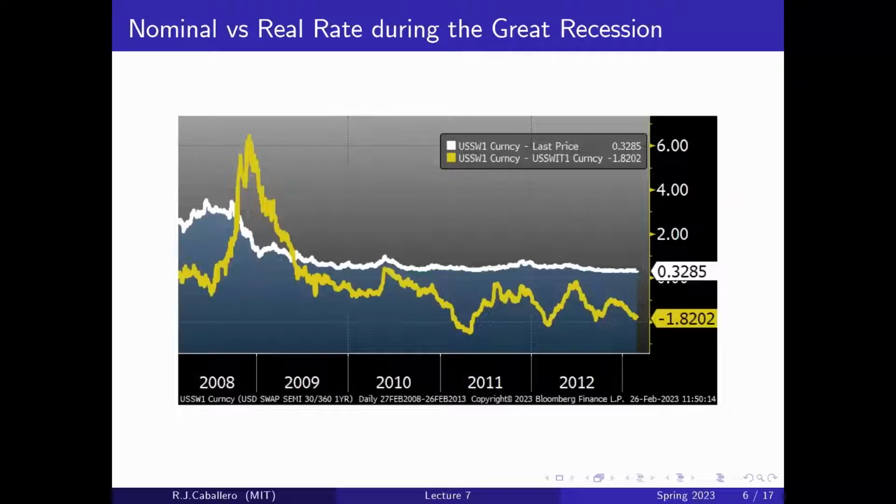The first one is that typically, unless you're in Japan probably, the white line, that is the nominal rate, is above the yellow line, which is the real interest rate. Why do you think that's the case? What does it tell you?